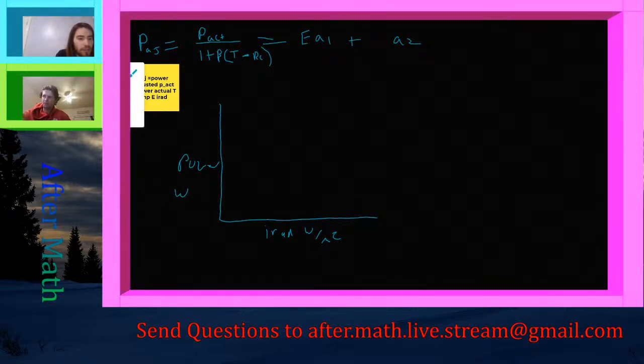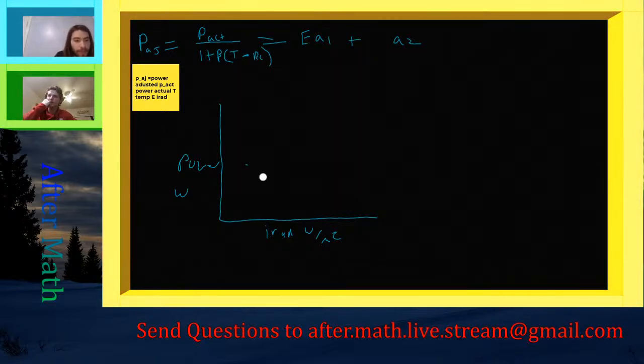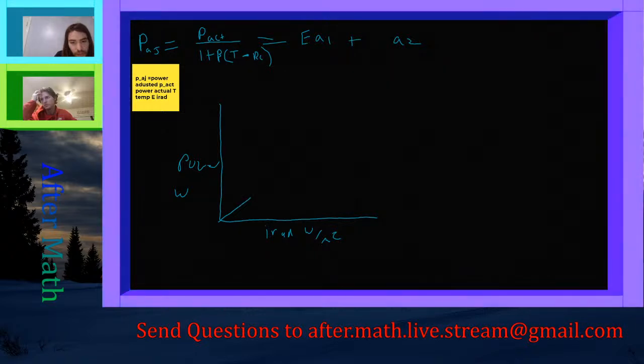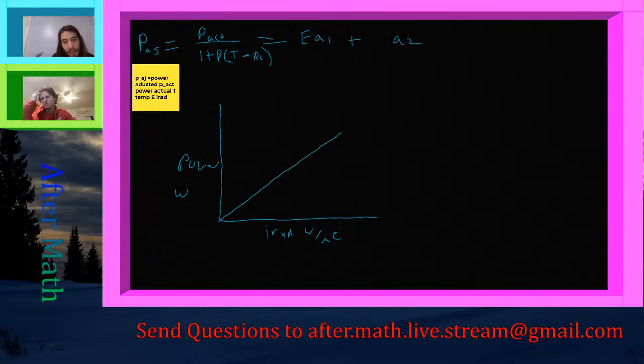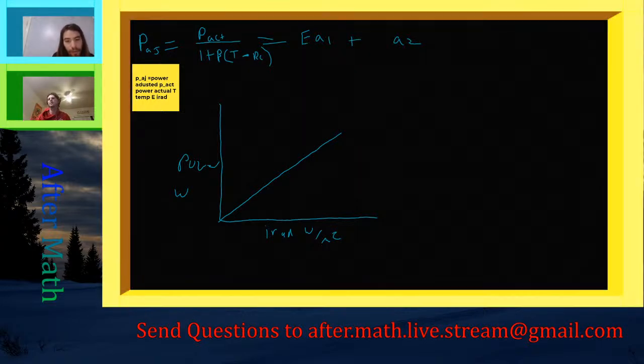And normally you get this kind of linear trend. It makes sense. The more irradiation coming in from the sun, the more power you get.